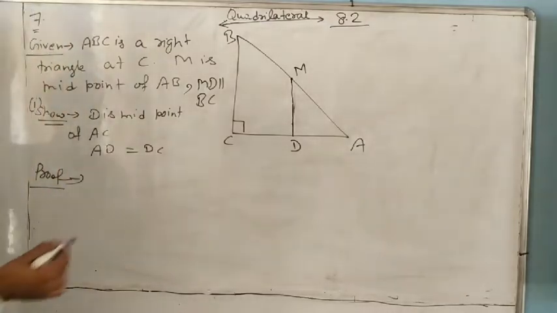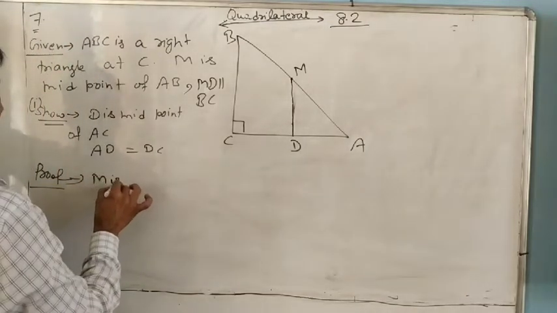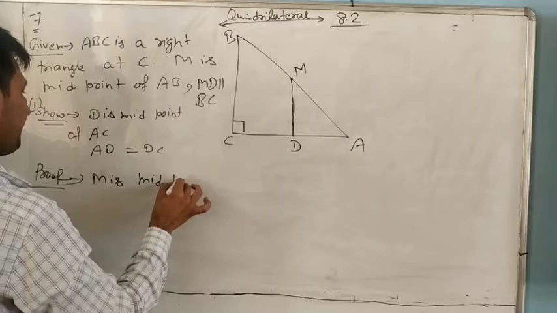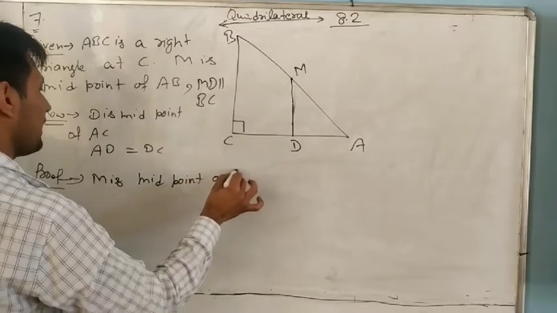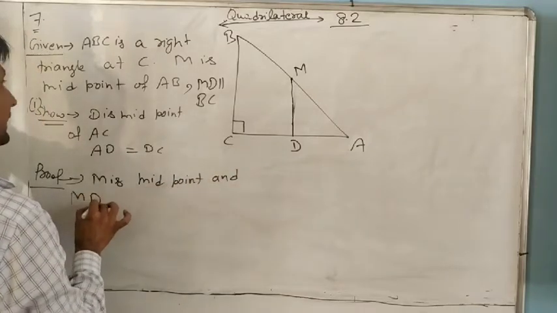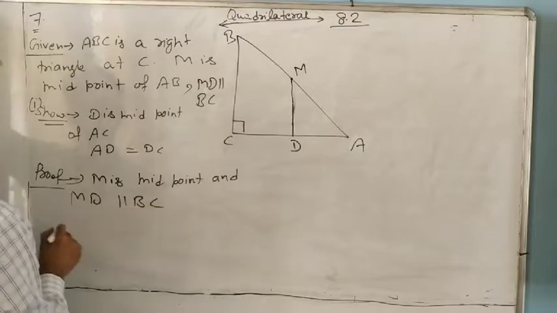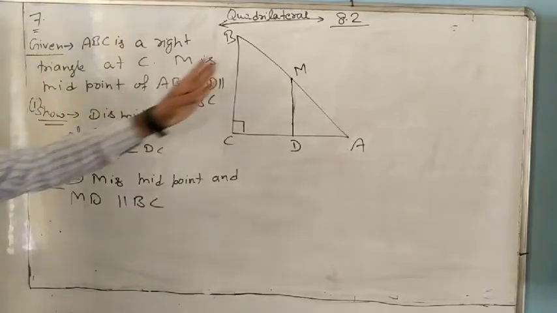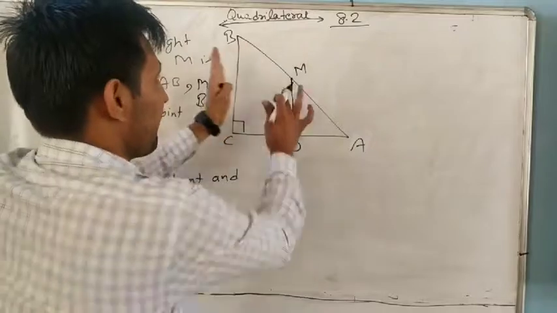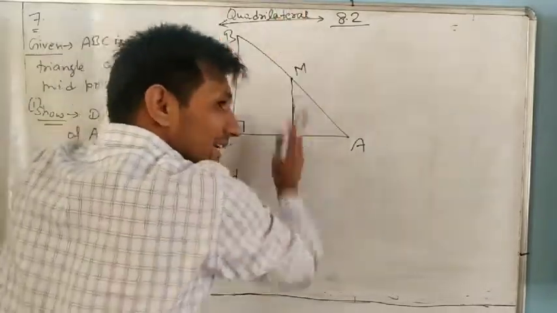So you can write: M is the midpoint and MD is parallel to BC. Therefore, a line through the midpoint and parallel to another side always bisects the third side.